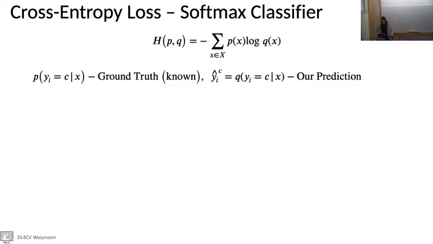Here, the ground truth probability is that x_i is classified as the C class, and the prediction is the output of the softmax classification, which we denote as Q. So the superscript C is going to be the C entry of the prediction, y_i hat. This is our probability prediction for the C class.